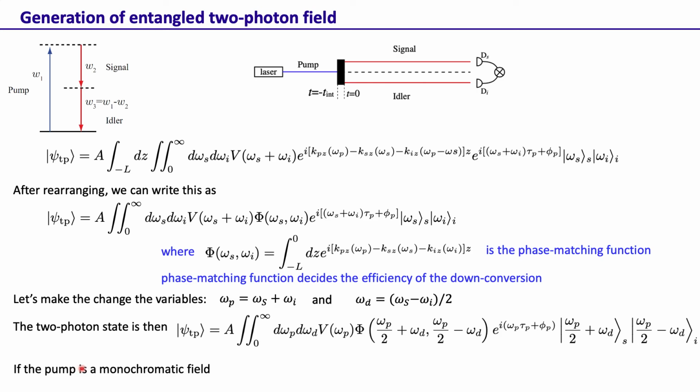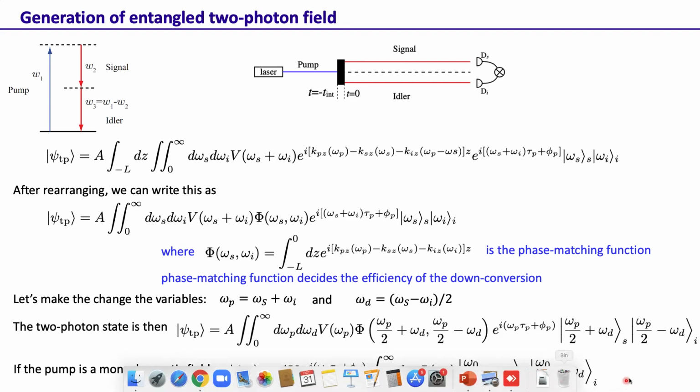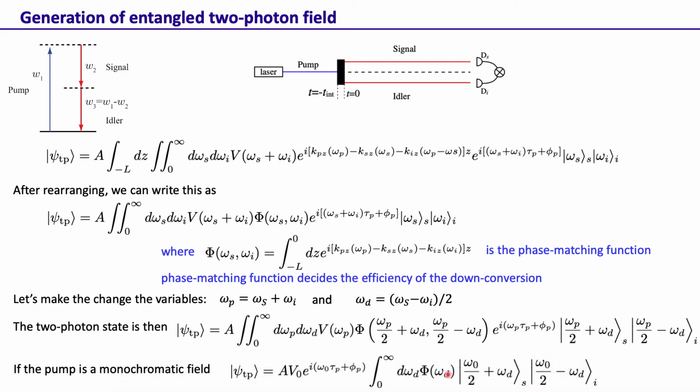Now suppose the pump is a monochromatic field of frequency omega naught. Then this integral over omega p can just be replaced by a number, just v naught, and this term then just comes out with omega p getting replaced by omega naught, and we are left with just this single integral. This is the signal state, and this is the idler state.